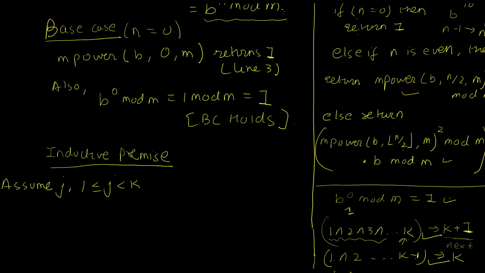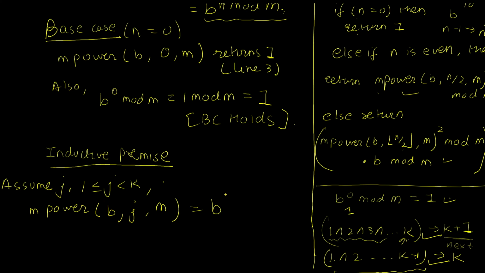And when j is in this range, I want to assume that the procedure works correctly. You might be tempted to think that our assumption might contain these recursions, but no, I'm just looking to see that the function works correctly and returns the value of b raised to the power n mod m like it should. So for any j in this range, I'm simply assuming that the function m power, when plugged with b, the exponent j and m, works correctly.